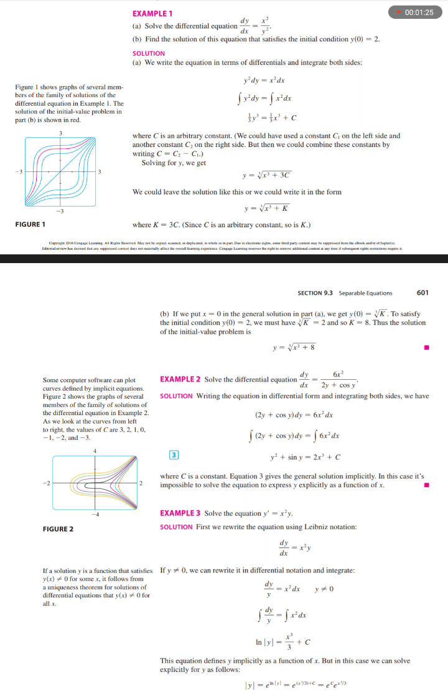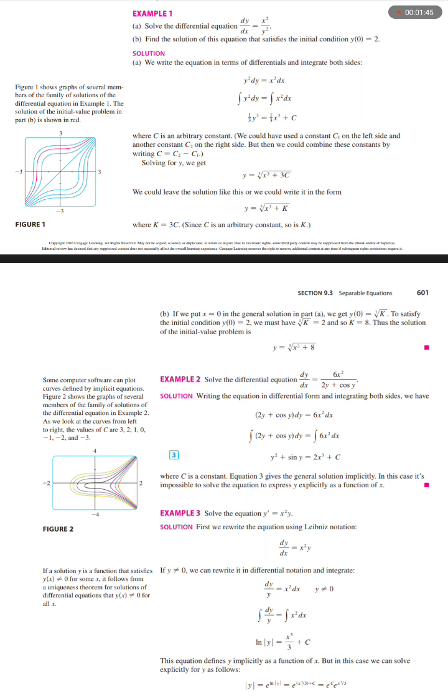constant. We could have used a constant big C sub 1 on the left side and another constant big C sub 2 on the right side, but then we would combine these constants by writing big C equals C sub 2 minus C sub 1.